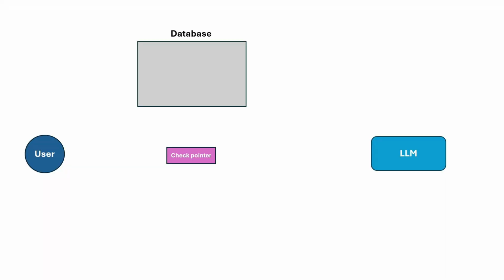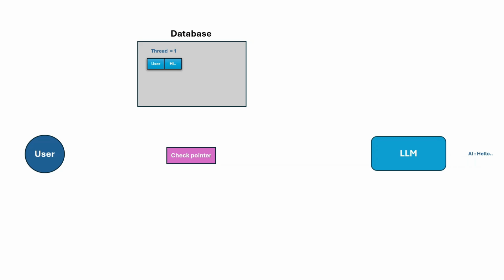Now let's quickly understand what happens internally. When we call the agent with a thread ID, the checkpointer first checks whether there is already a conversation stored under that thread ID or not. If nothing is stored, it creates a new conversation. Then the user's input is sent to the agent.